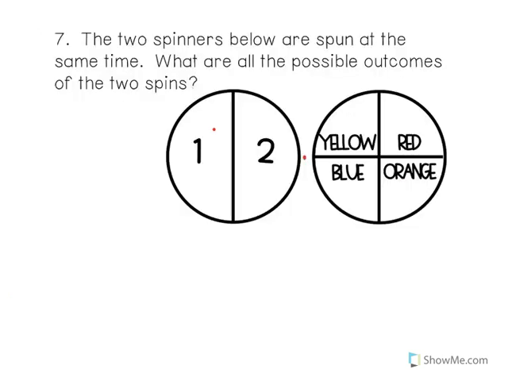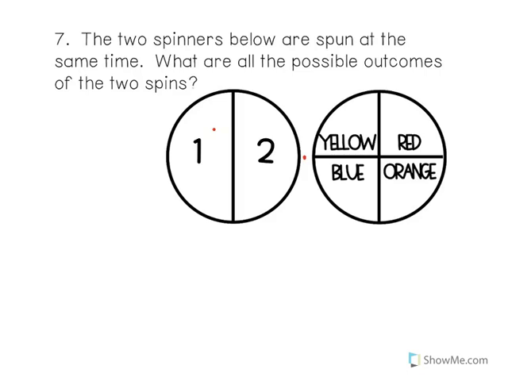Another example is I have 2 spinners, and I spin them at the exact same time. I can use a tree diagram to represent my sample space.